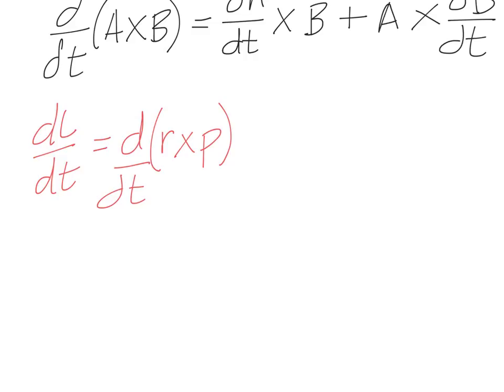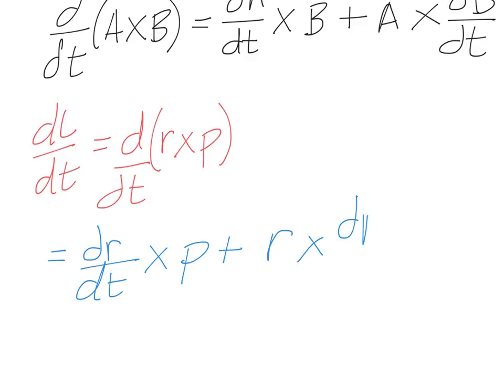So we're going to do dr dt cross p plus r cross dp dt. And let's see what we come to get from this formula. So let's try to simplify this. dr dt, the derivative of position with respect to time, is going to give us velocity, right? That's going to be velocity cross p plus r cross dp dt.